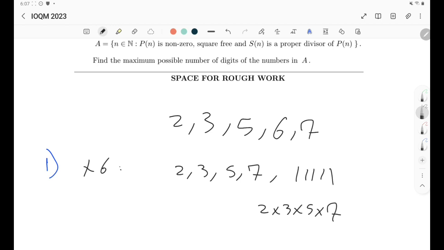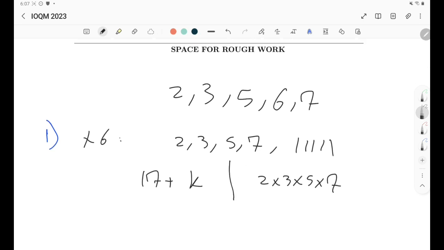So if you want the number of digits to be maximal, then we should pick all of them for sure. Now we just need to find the sum, which is 5, 5, 10, 10 plus 7 is 17, 17 plus k 1's. Divide this. In order to maximize the number of digits, we need to pick the maximal k.